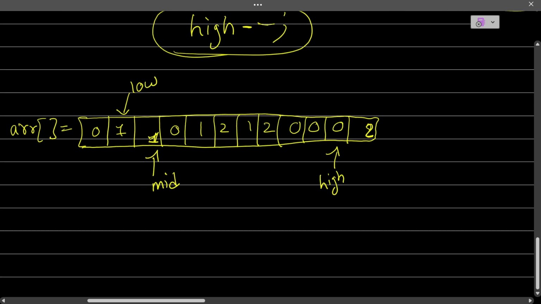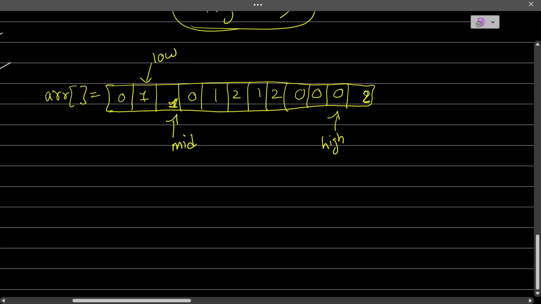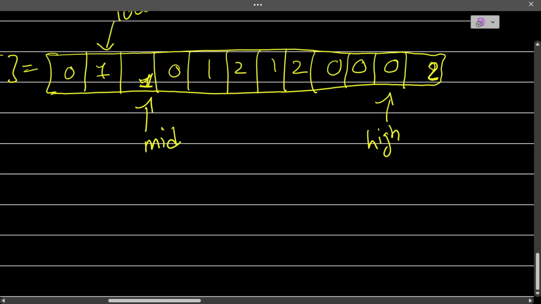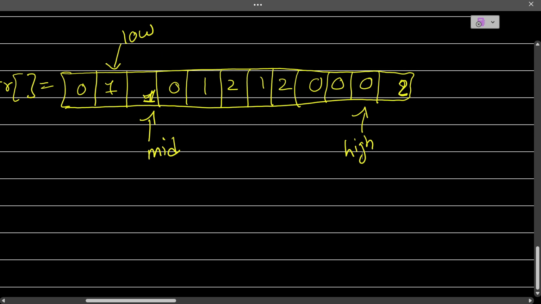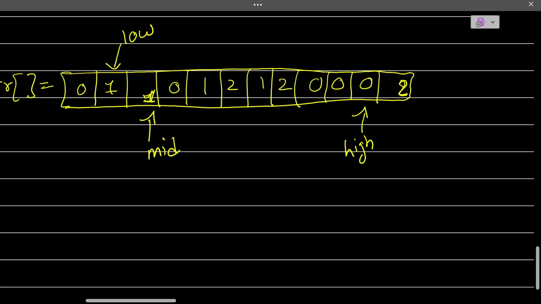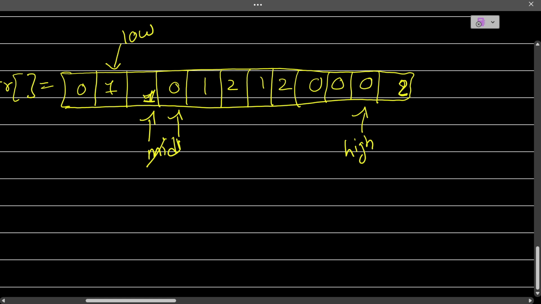So this is how we are going to sort this using the DNF algorithm. I know you have understood these three rules. When my mid is 1, I increment and move the mid.